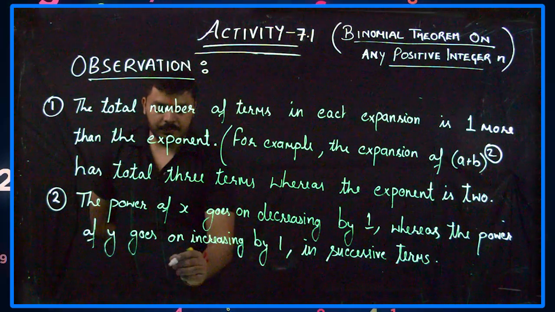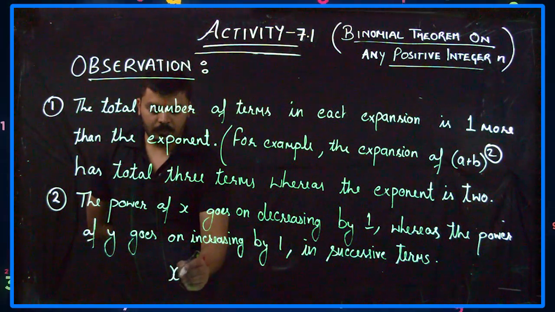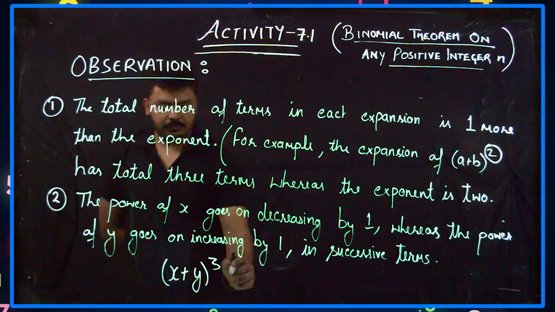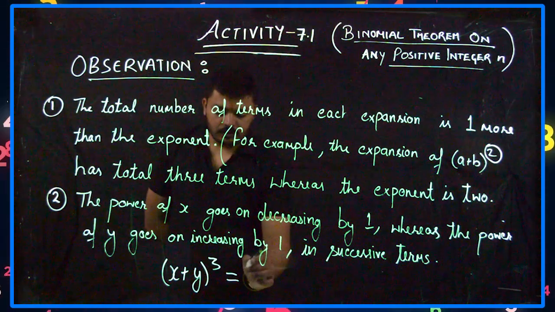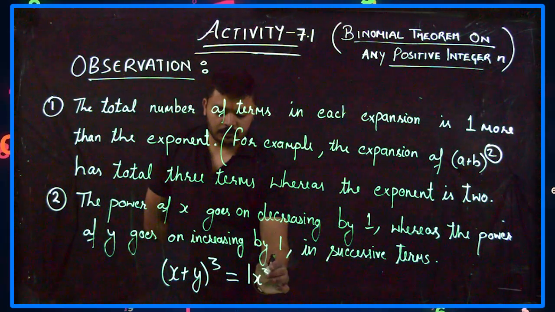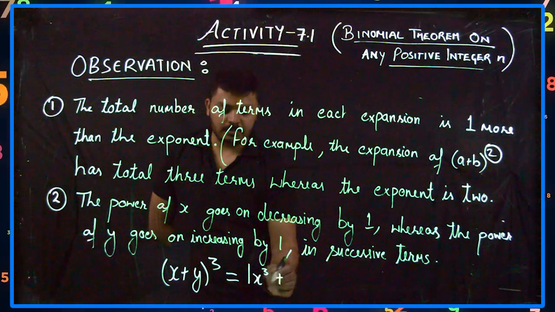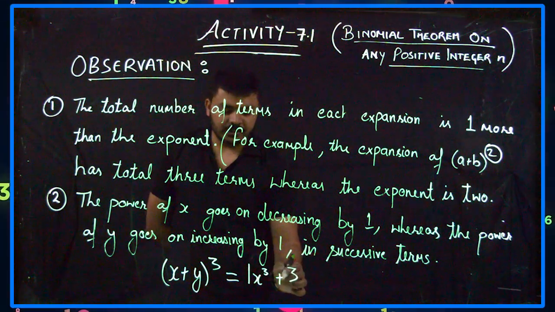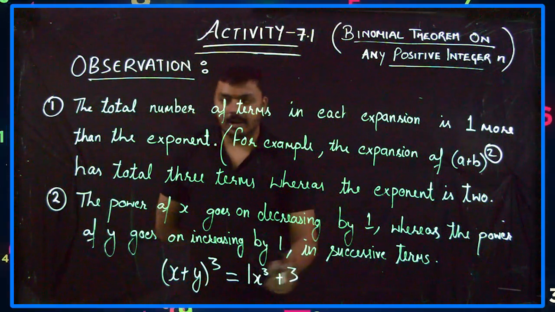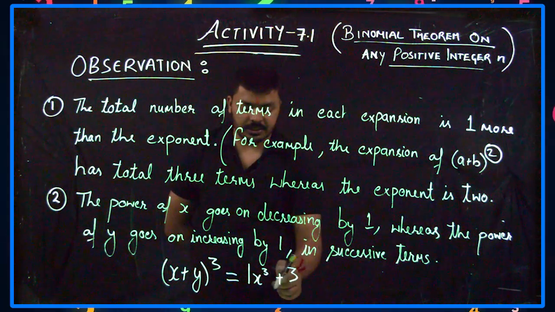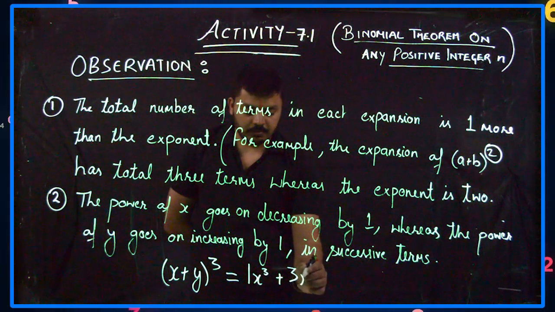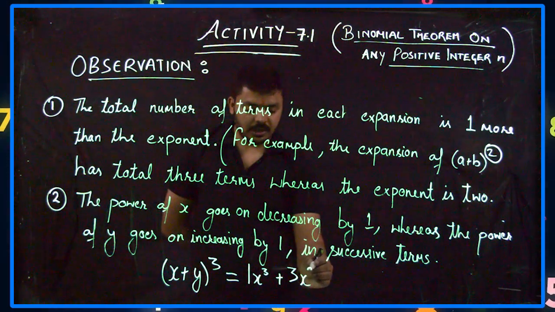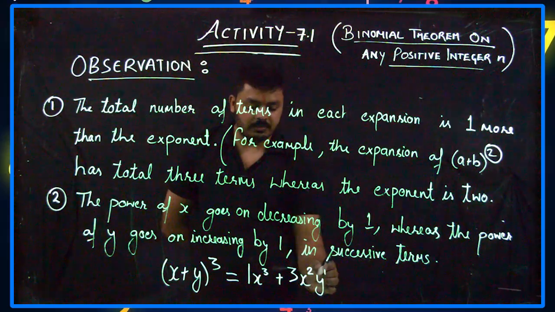Suppose for example it is x plus y to the power 3. So now 1x cube. Now power of x will decrease by 1 and y increase by 1. Coefficient is 3. By our Pascal's triangle, the coefficient is 3 and the power of x decreases by 1, x square, and power of y increases by 1.